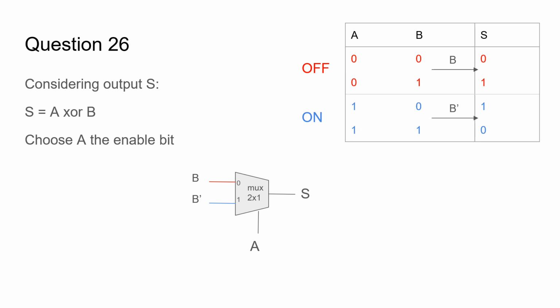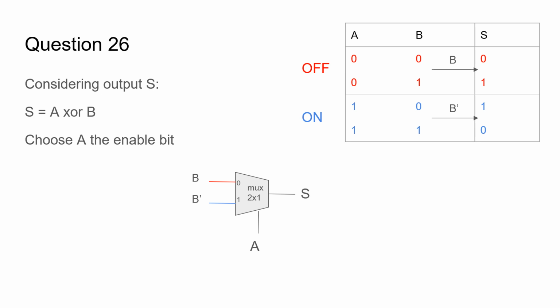That is to say, if we choose A, then we must not choose B, namely B prime. Otherwise, if we do not choose A, we have to choose B instead. So we put B at the 0 place.